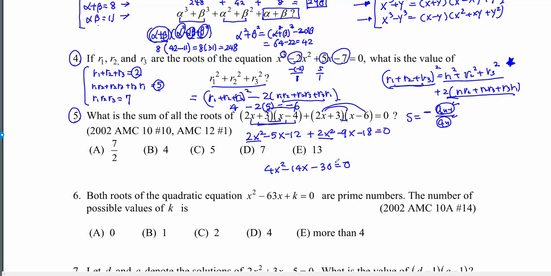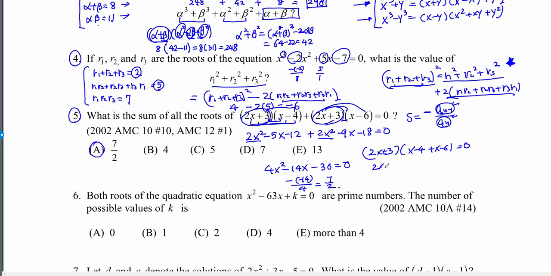Equals 0. That's fine. What is the sum of roots? Negative, negative 14 over 4, isn't it? Yep. So then that is 7 over 2. That's it, 7 over 2. Or in this case, maybe you can see the common factor over here, right? So you can move out 2x plus 3. Inside is x minus 4, another x minus 6 equals 0, right?